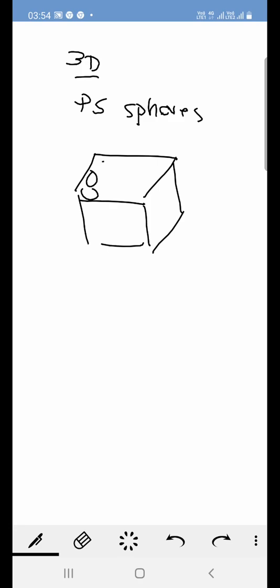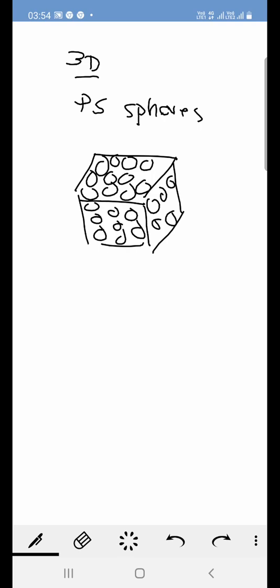Spheres are arranged in this fashion. And these spheres are made by colloidal chemistry, and therefore also called colloidal crystals.